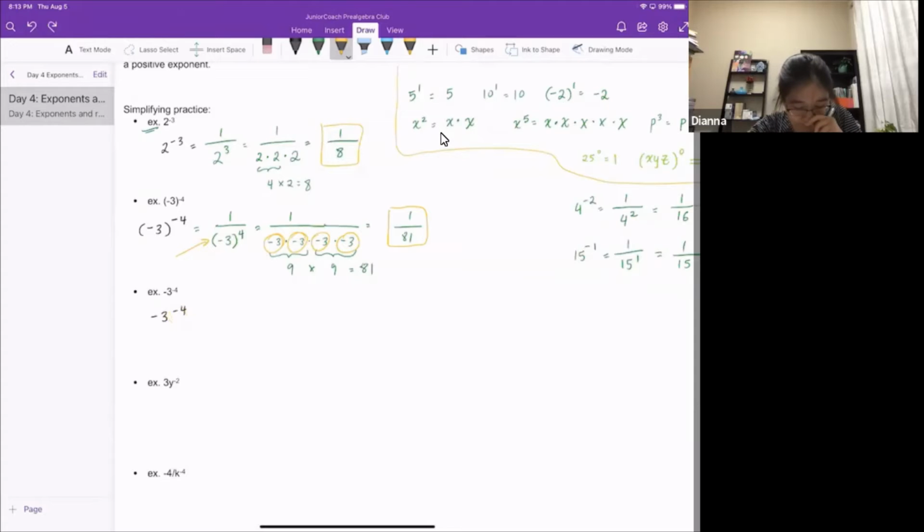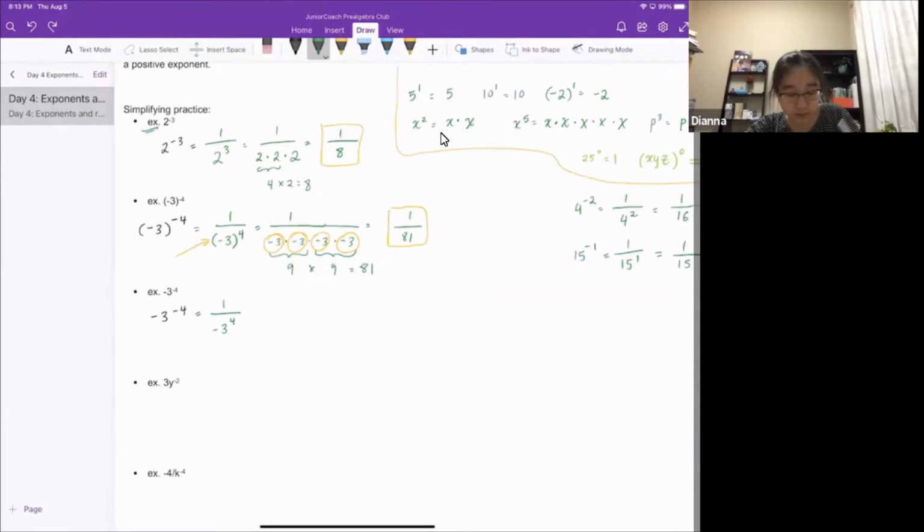If a negative is in the exponent, remember we have to shift the whole thing into the denominator of the fraction. So 1 over, and then we have -3 to the 4th now. So the -4 got changed into a +4.